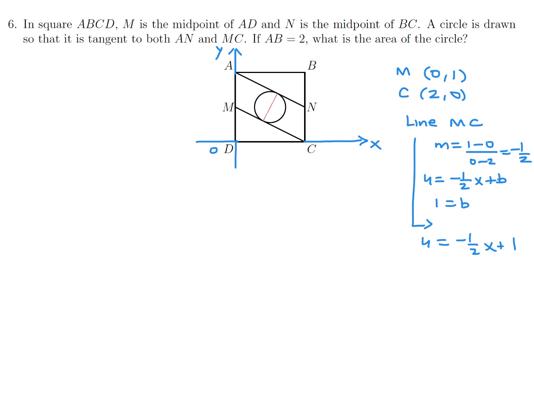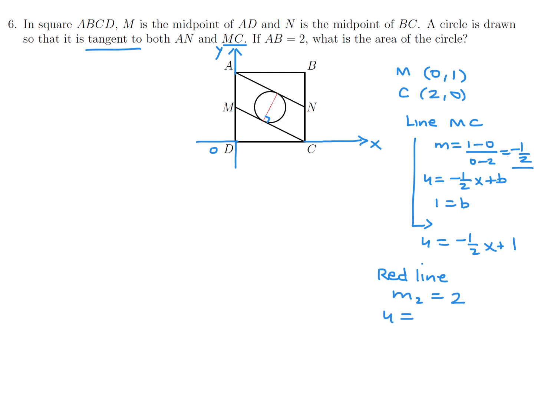Now the second part is the red line. That red line I drew in the circle, that is a tangent, right? Because it even says that in the question. It's tangent to both AN and MC. So its slope, if we call it m2, would be the negative reciprocal of negative a half, which is 2.